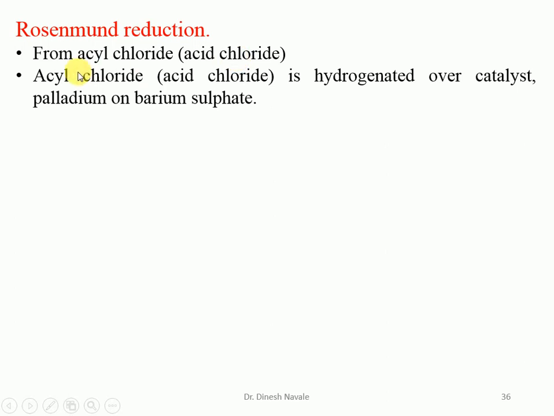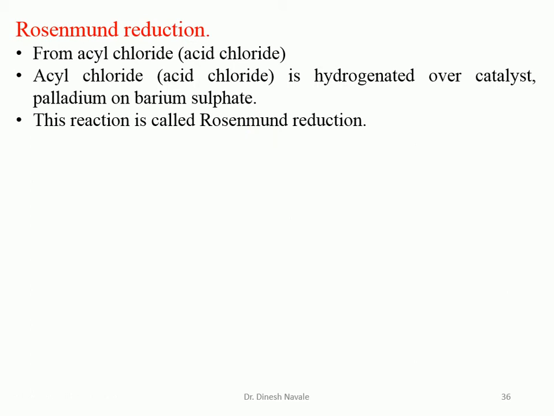Acyl chloride, on hydrogenation by using the catalyst palladium on barium sulfate, gives the formation of aldehyde as a product, and this reaction is called what? Rosenmund reduction. So in short, conversion of the acid halide to the aldehyde by using hydrogen in presence of a catalyst like palladium, BaSO4, is called the Rosenmund reduction.